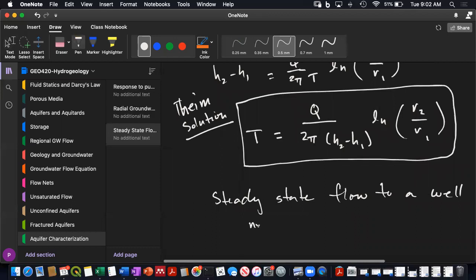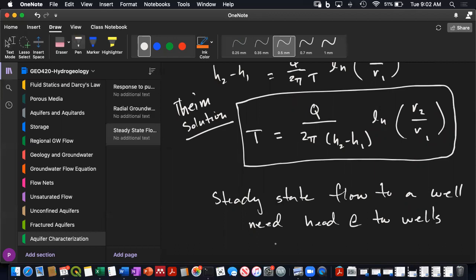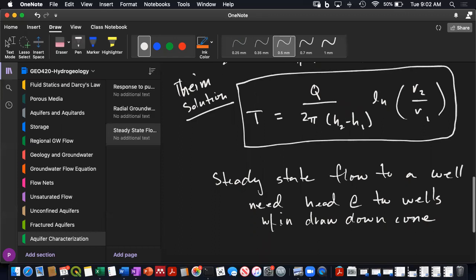So I need head at 2 wells within my drawdown cone, and my pump rate.